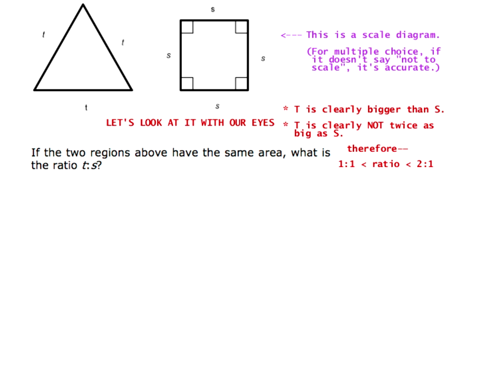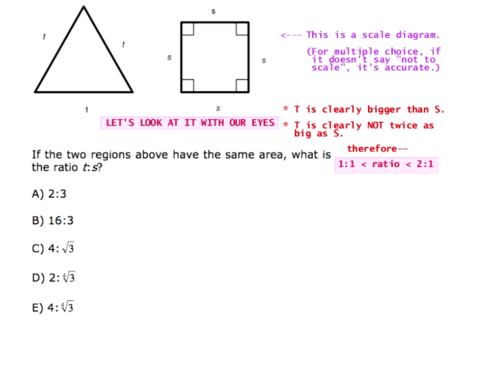This is not any sort of fanciness, right? This is a very basic observation. It's more than 1 time as much and less than 2 times as much, because we look at it with our eyes. Let's see how that does. See how much mileage we get out of that.